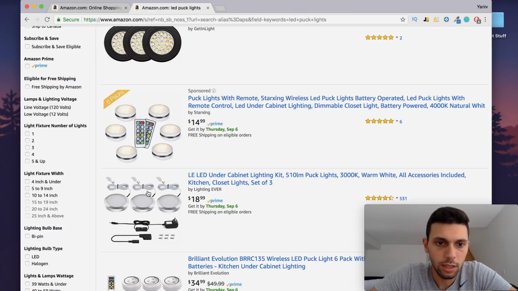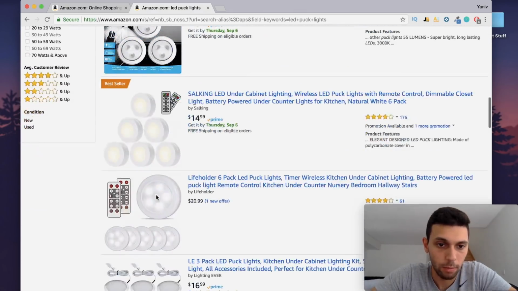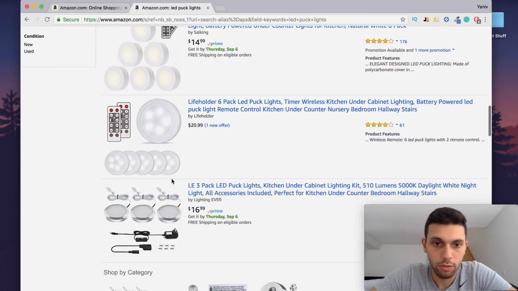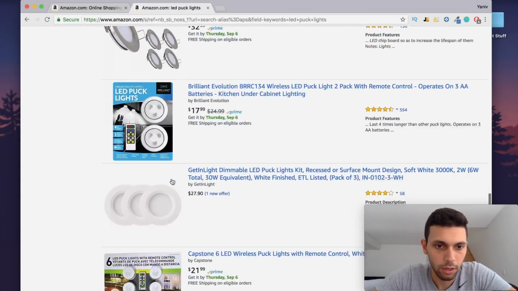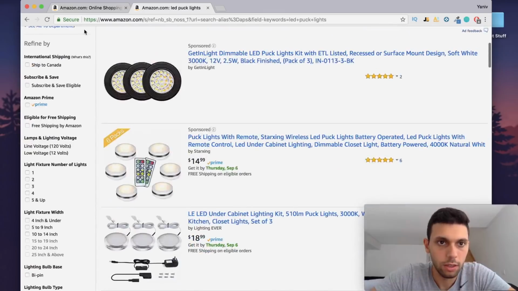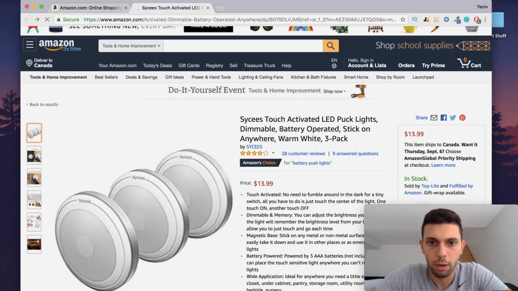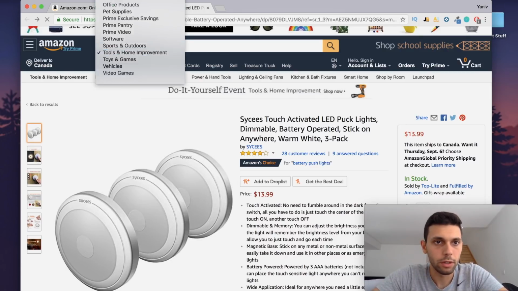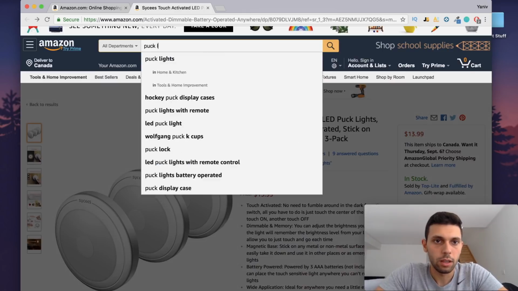Now, these seem like they're all corded, and the ones that we looked at looked wireless to me, if I'm not mistaken. And I don't know why I can't find them here, or why they're not ranking under puck lights, LED puck light. What were those? Touch activated LED puck lights, dimmable battery operated. They're battery operated, so puck light.